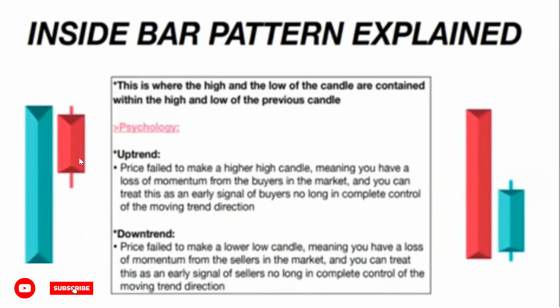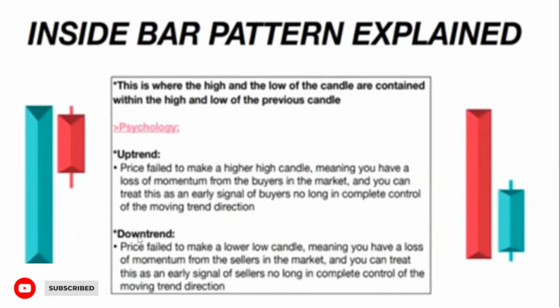In the uptrend, the price failed to make a higher high candle, meaning you have a loss of momentum from the buyers in the market, and you can trade this as an early signal of buying no longer being in complete control of the moving trend direction. That is for the uptrend which I showed you guys.